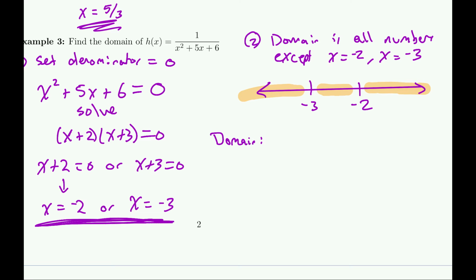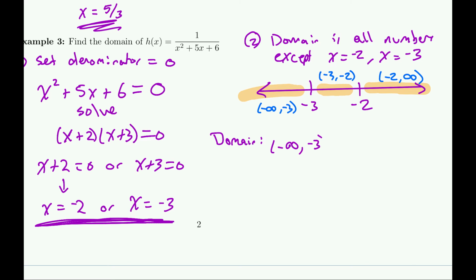Okay. So the section on the left is -infinity up to -3. This middle section is -3 up to -2. And then the section all the way on the right is -2 up to infinity. So when you go to write your domain, you need all three of those.